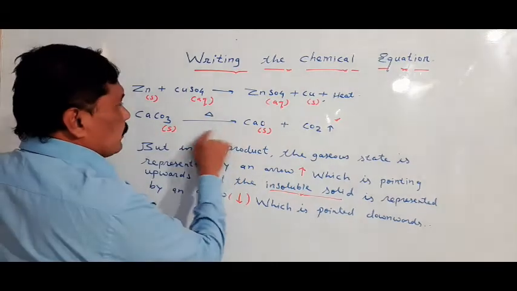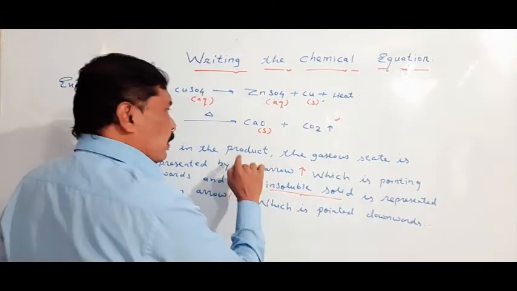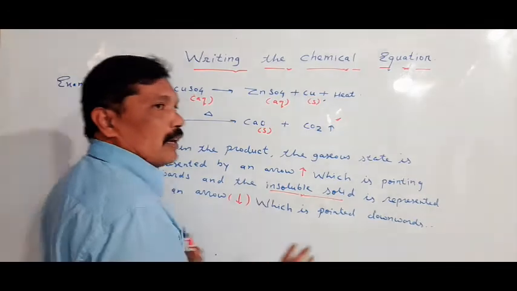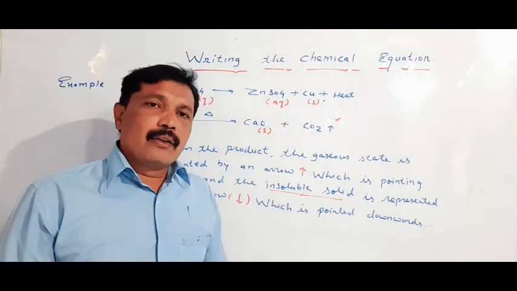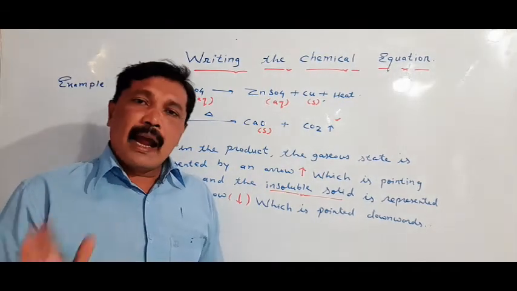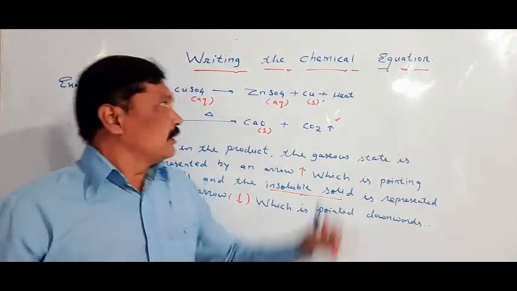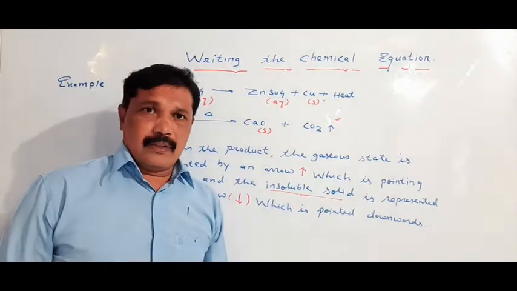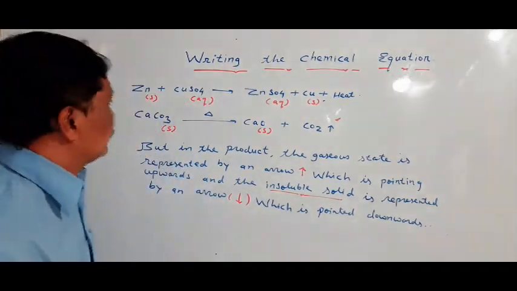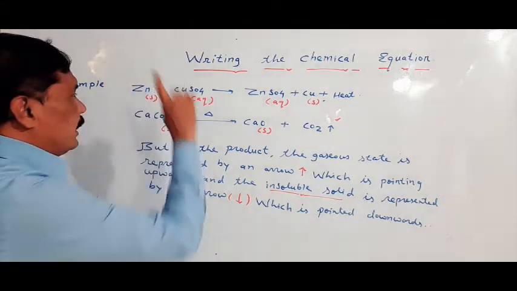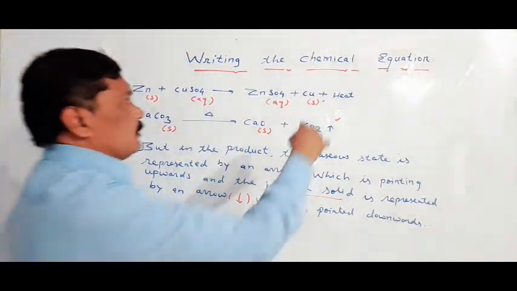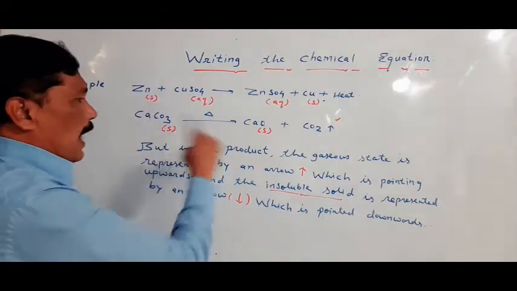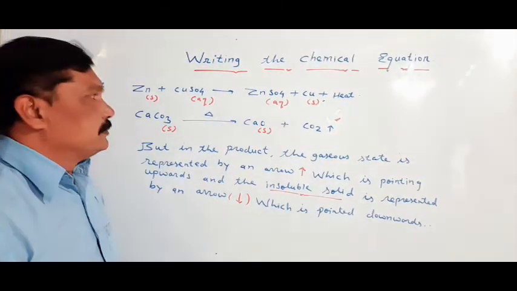The direction of the arrow tells us the direction of chemical reaction. The physical state of the reactants and the product are also mentioned in chemical equation, in which S stands for solid, AQ stands for aqueous state, L stands for liquid, G stands for gaseous state.